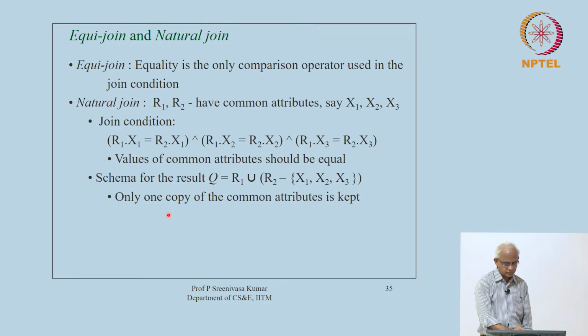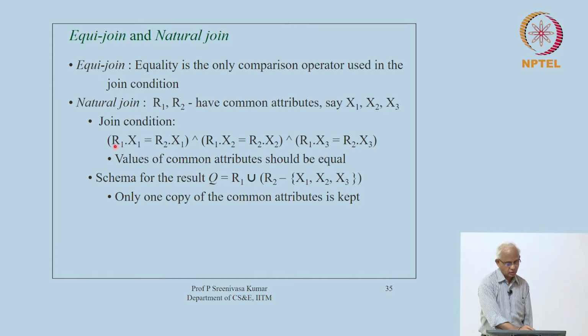This natural join has its own small operator, the star or asterisk operator, where we assume that whatever the common attributes between the two schemas are will be simply equated. That is the join condition.